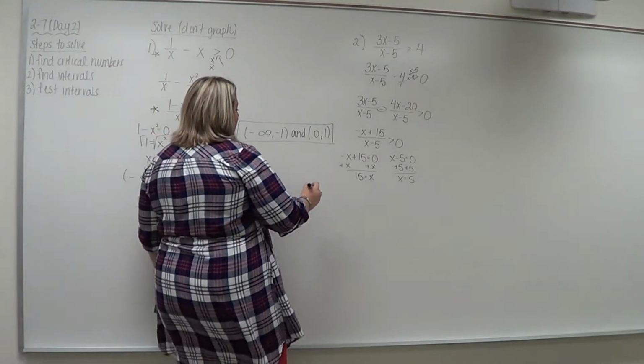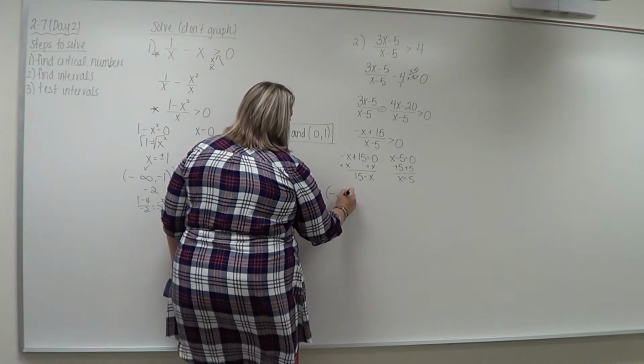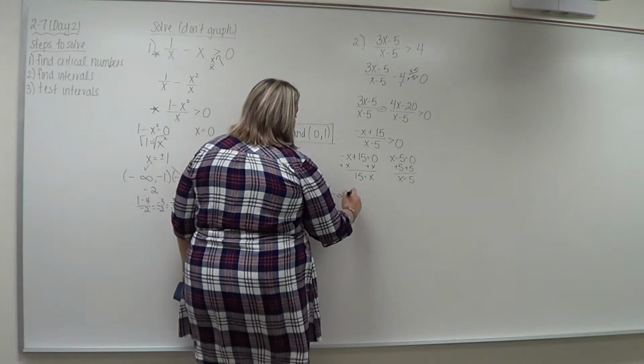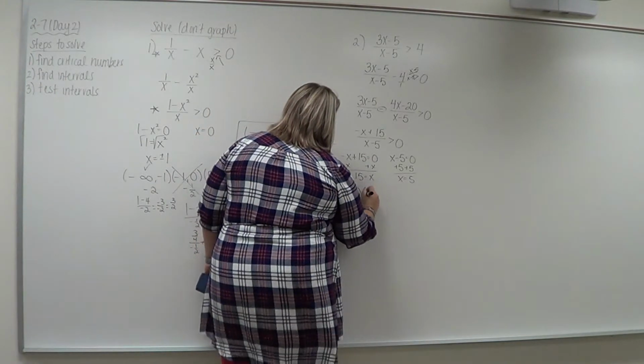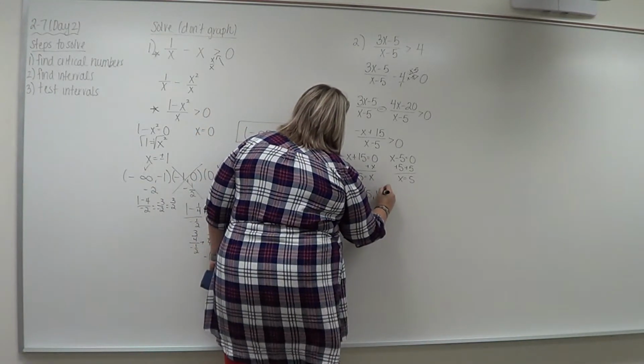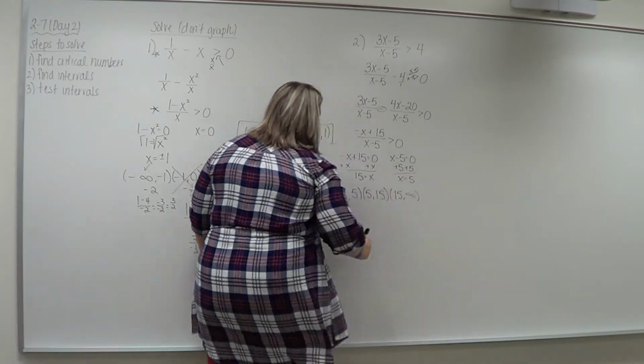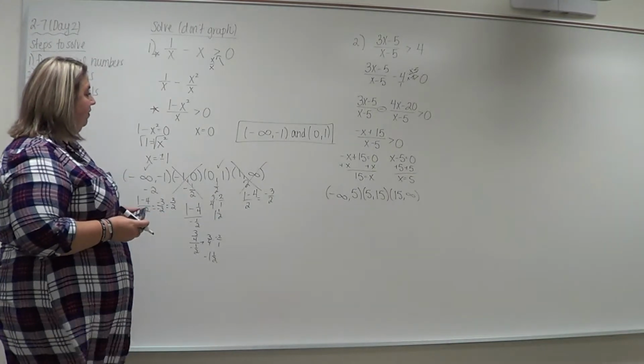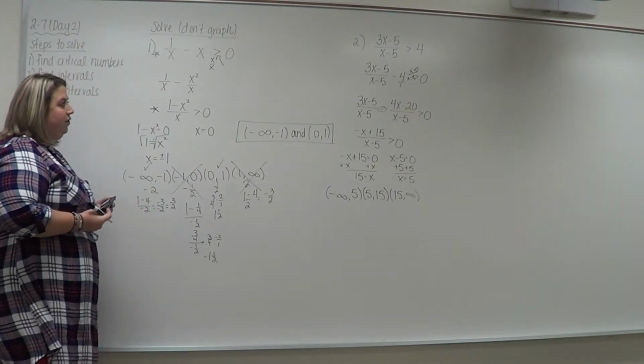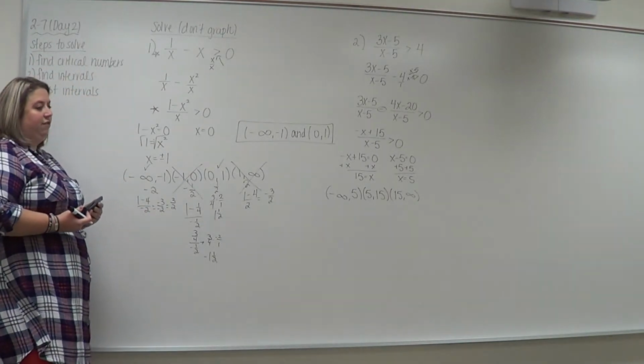Okay, parentheses or brackets? Parentheses, and which one's smaller? Okay, so the intervals are going to be negative infinity to 5, 5 to 15, and then 15 to infinity.